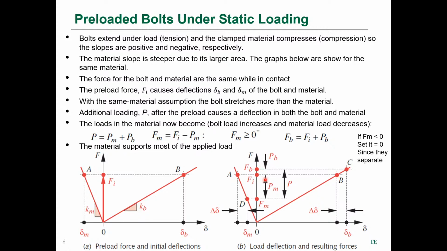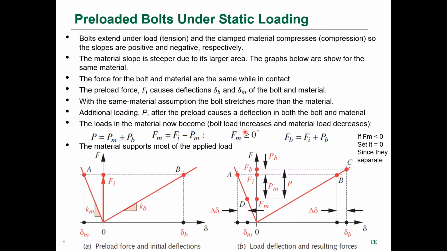And what's interesting to note is most of that load is actually picked up by the material. Okay? And the bolt, since it's in tension, gets a little bit longer. And the material has its change in deflection, and it actually grows and absorbs that load.